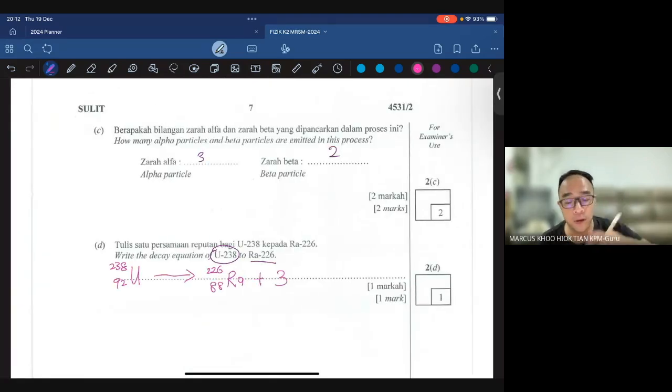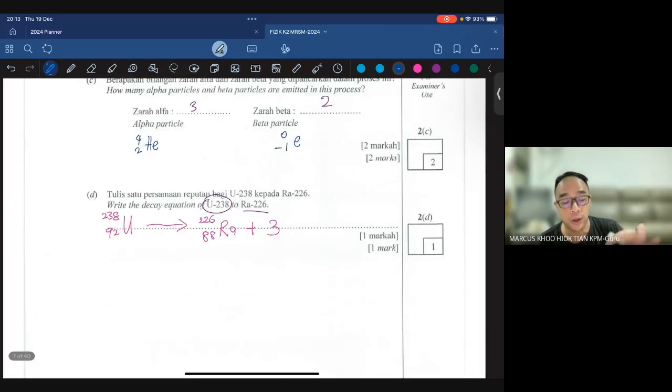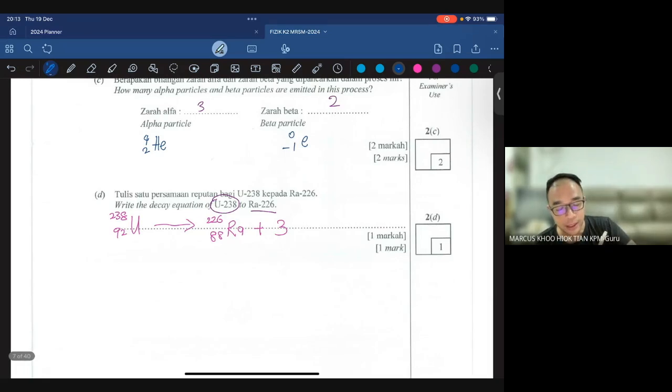Now we have to remember, I think I mentioned this in the previous class. Alpha is what? Helium 4, 2. Beta is electron 0, negative 1. You need to write this. So it is 3 helium 4, 2 and it also releases 2 electron 0, negative 1.